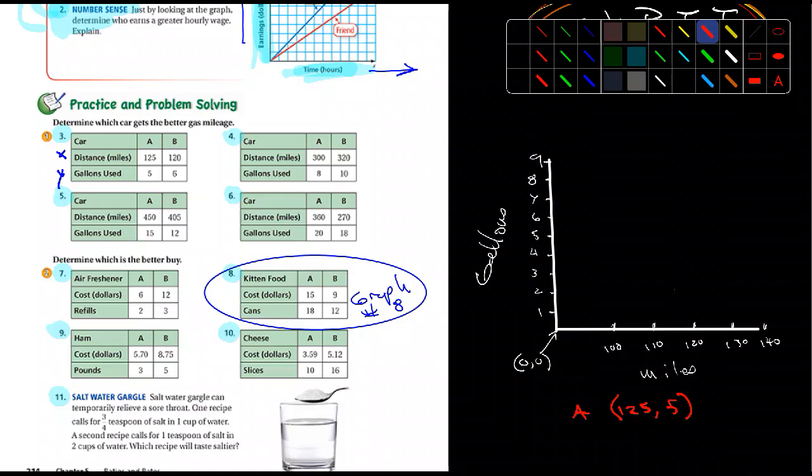Remember, you always list the X first. And then car B, and then you always put the coordinate pair in some parentheses. Car B would be 120, comma, and then what? 6.